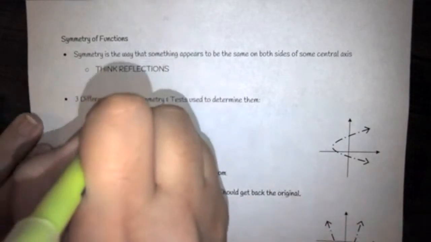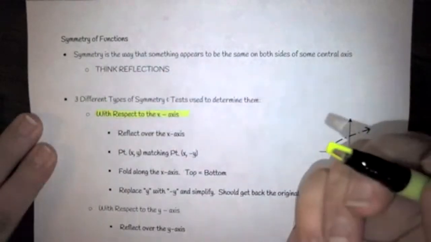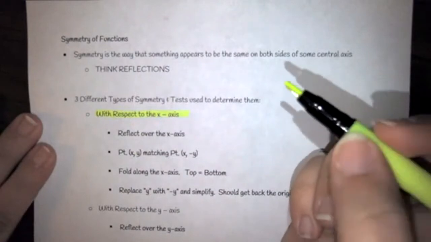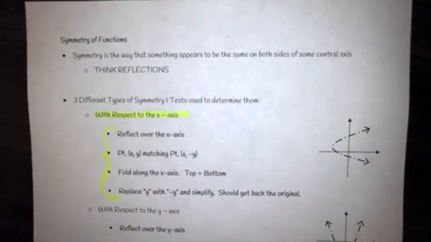The first is what's called symmetry with respect to the x-axis. So with respect to the x-axis has these 4 concepts related to it. First and foremost, you're going to reflect specifically over that axis.